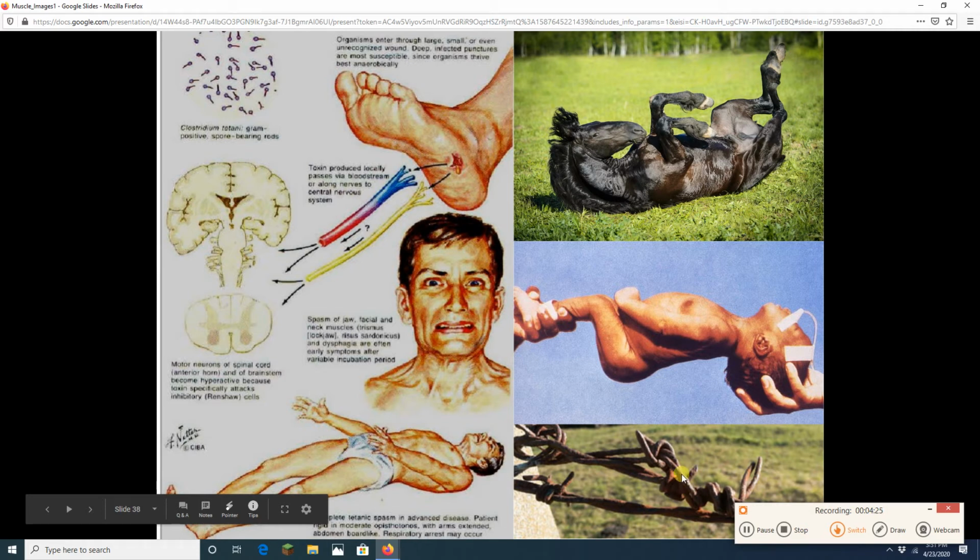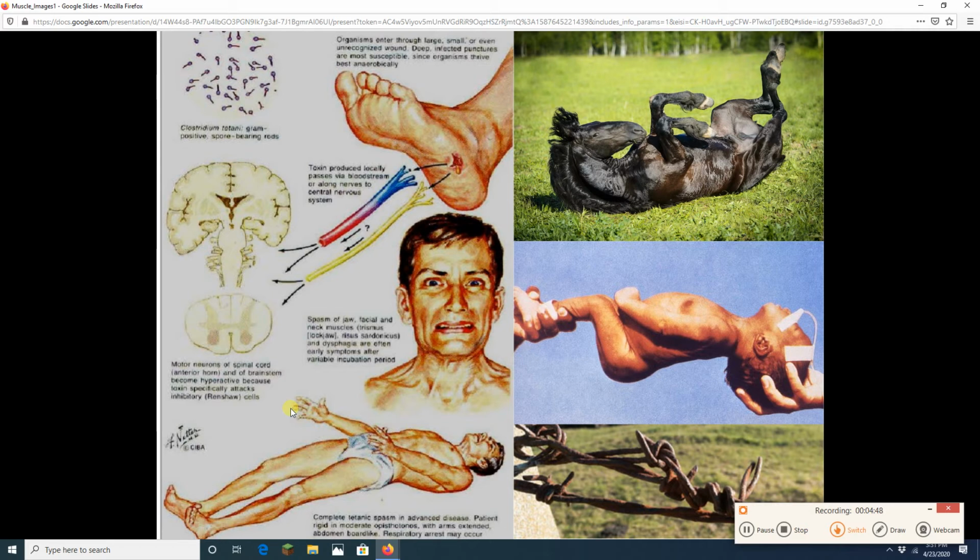And what this bacterium does is it makes this toxin. And what that toxin does is it causes motor neurons to be crazy hyperactive. So you get all these muscles contracting like crazy.